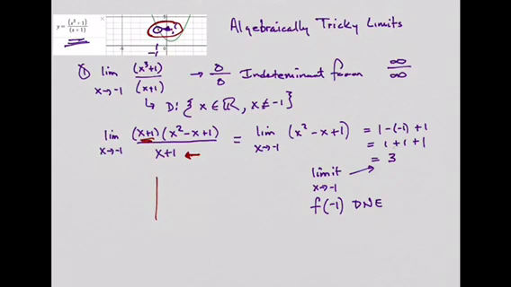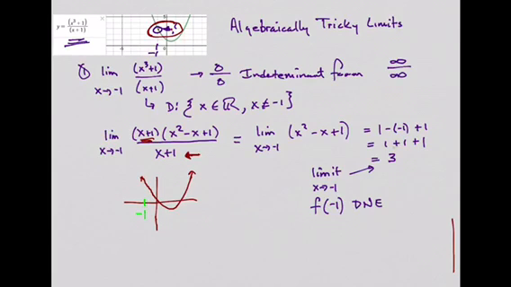Doing a little sketch down here, I have the function coming down. It looks like a parabola. It is a parabola with the exception, as I said, at -1.